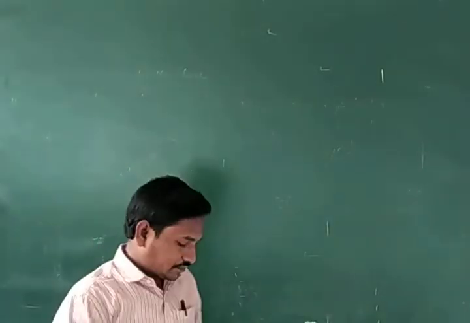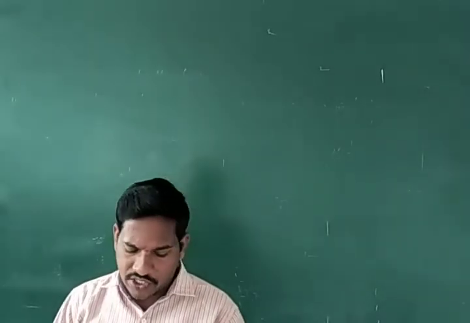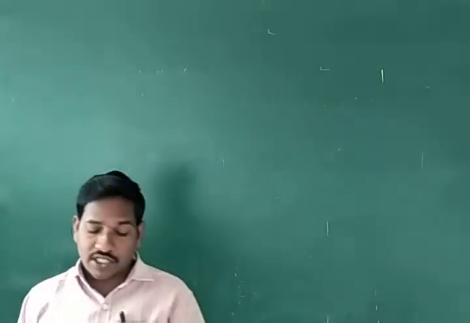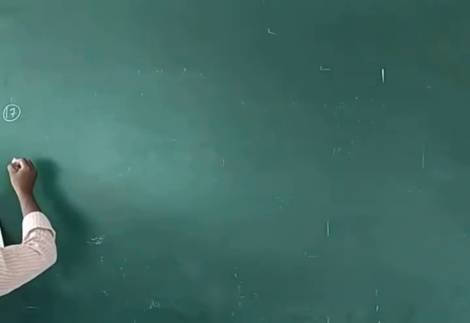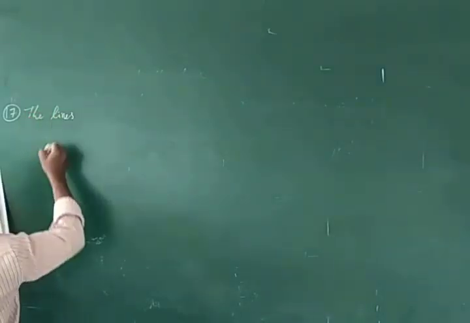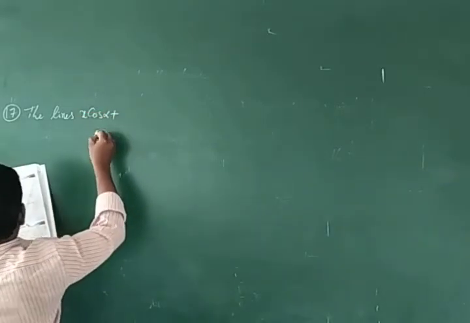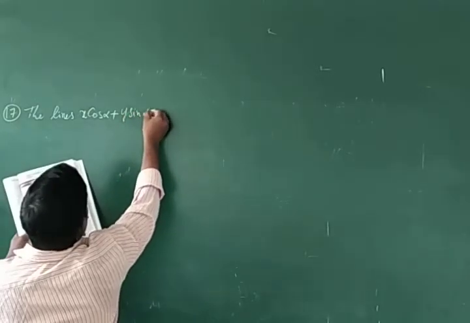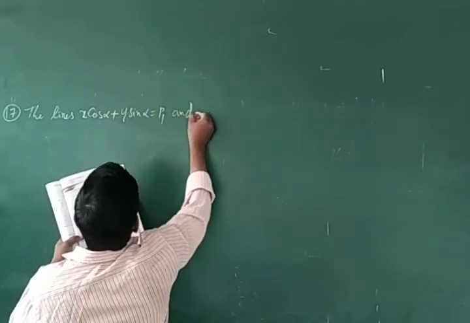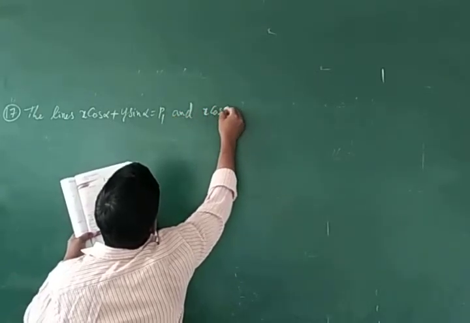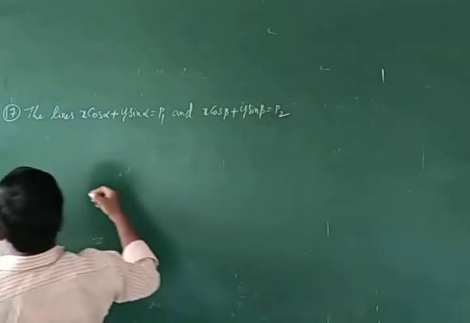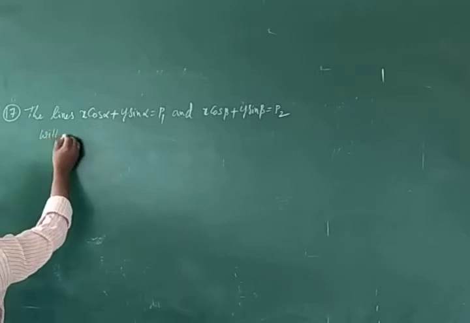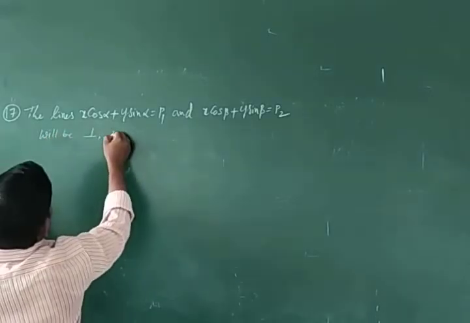Okay, 17th. The lines x cos alpha plus y sin alpha equal to p1 and x cos beta plus y sin beta equal to p2 will be perpendicular if, okay.